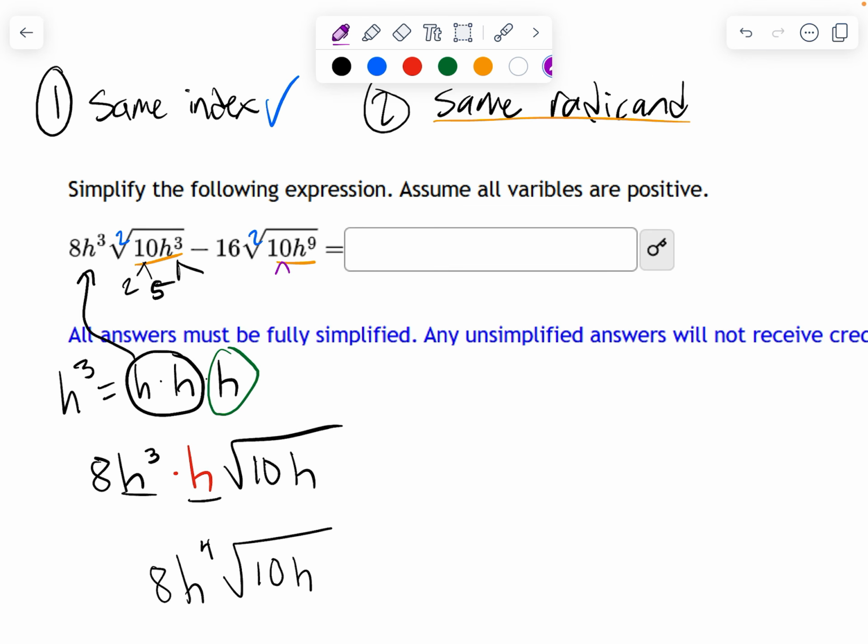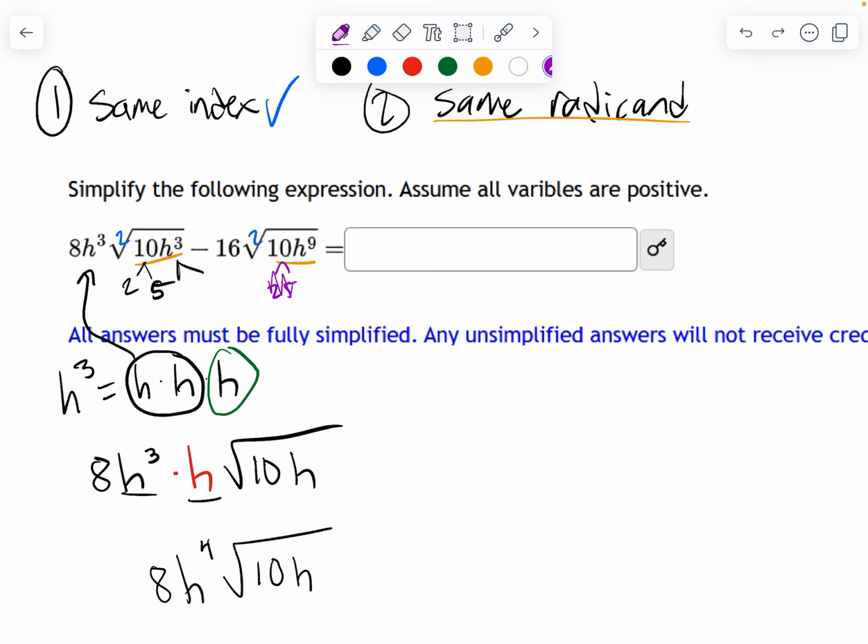Next one. Now on this other side, that's still 2 times 5, nothing's coming out, so we don't need to worry about that. Now the h to the ninth starts getting a little more interesting, right? It's like h to the third, but instead of having 3 h's, there are 9 of them there. Now, I am not a fan of writing out 9 h's only to circle pairs.